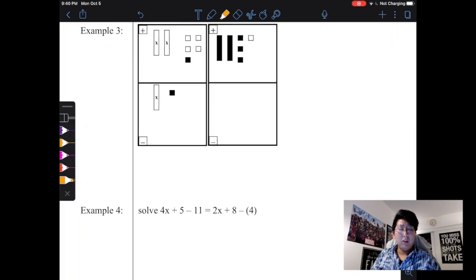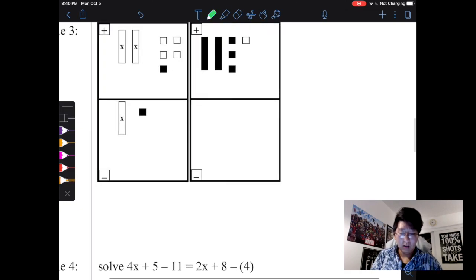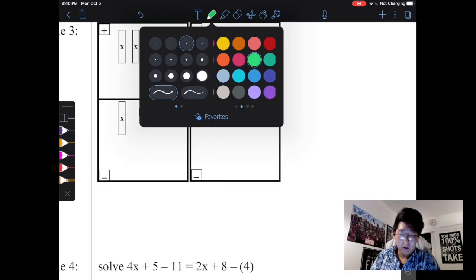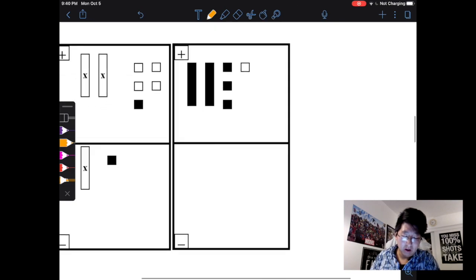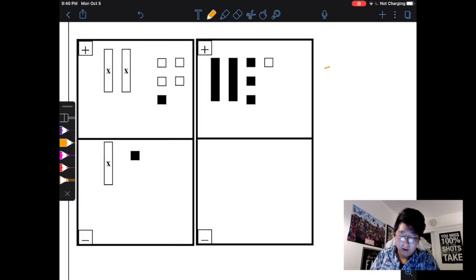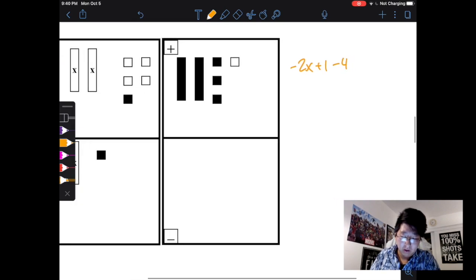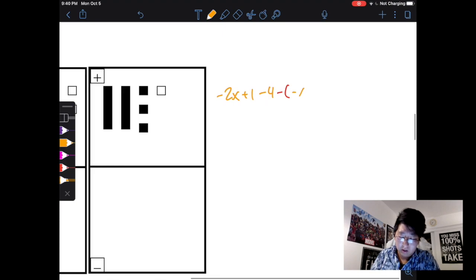So example number 3, we're going to do the same thing. We're going to look at this and say what is on the left and what is on the right. Okay, so on the left, what color did I start with? Orange. What do I have on the left? I have negative 2x plus 1 minus 4, and then negative parentheses. Inside opposite land, we have negative x plus 1.